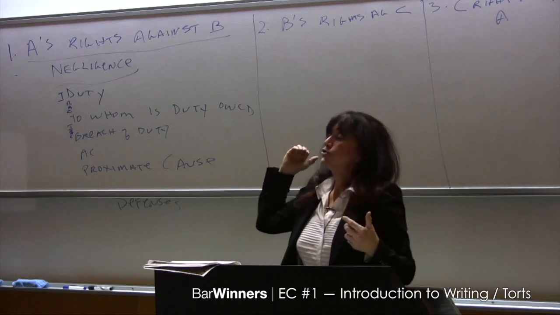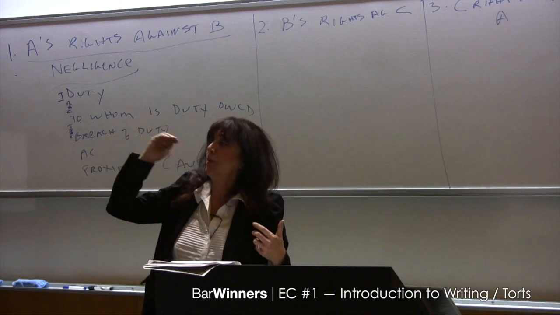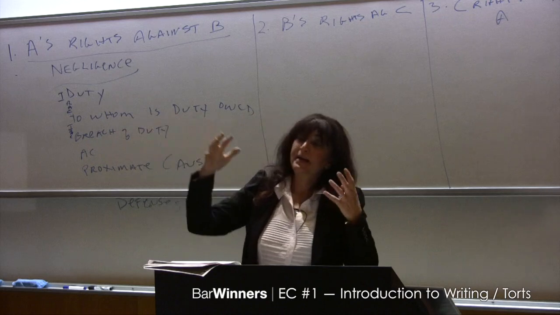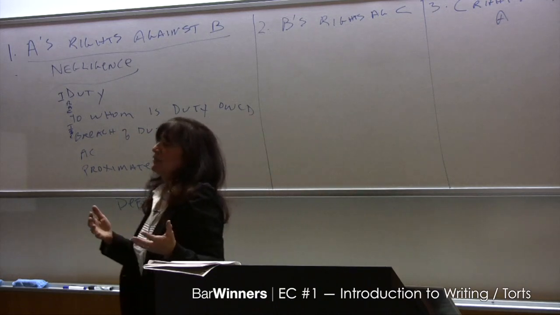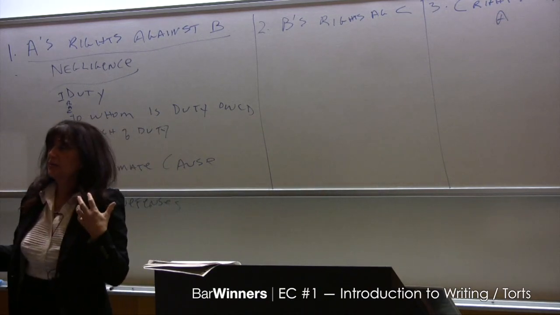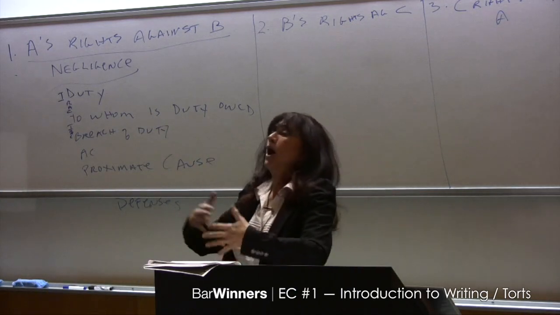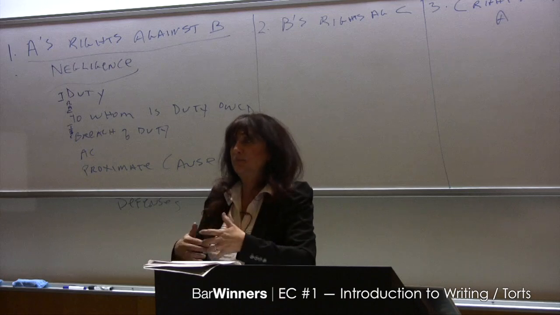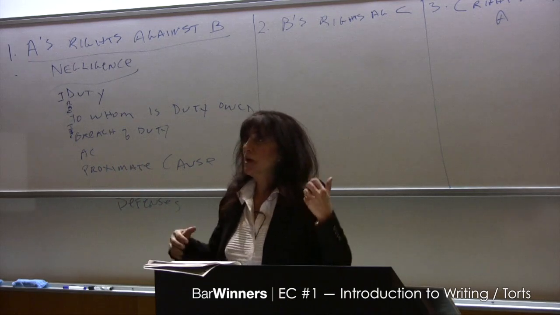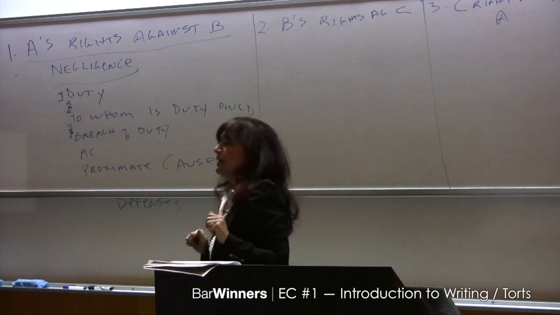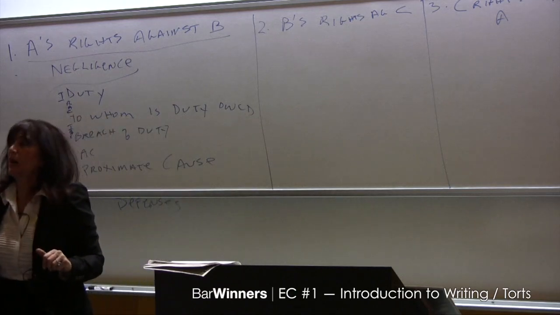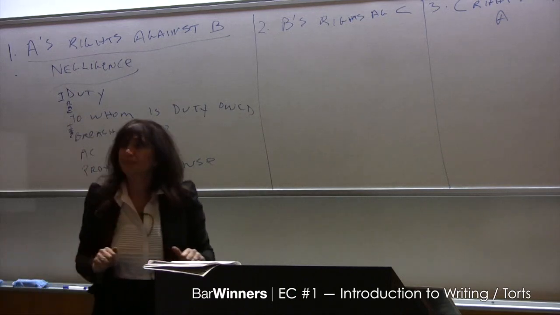Head note 1, strict products liability. Head note, proper plaintiff. Here, A is a proper plaintiff because they were a foreseeable user of the product. They're a foreseeable user of the product because they are a household guest, and this is a common household product that people living there would be exposed to. Proper defendant. The bug spray company is the manufacturer of this product and therefore is a proper defendant.